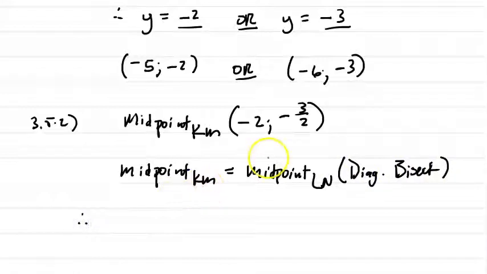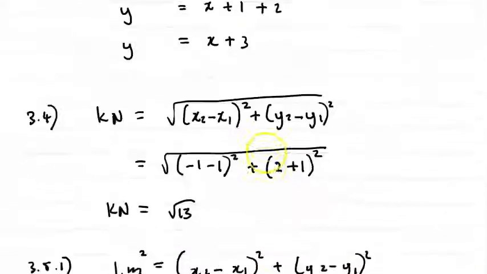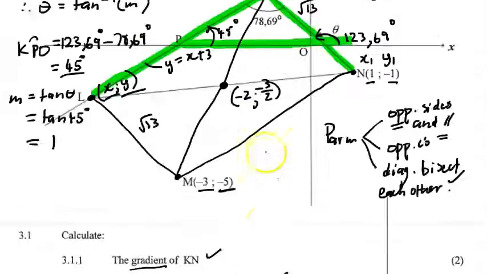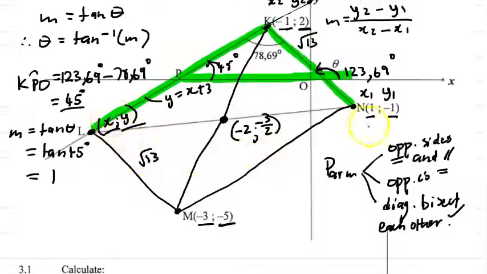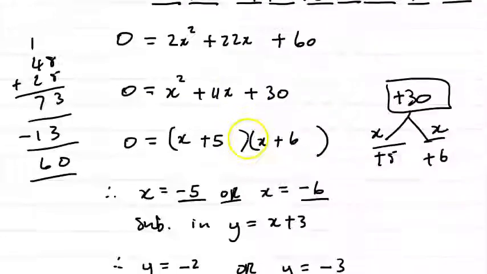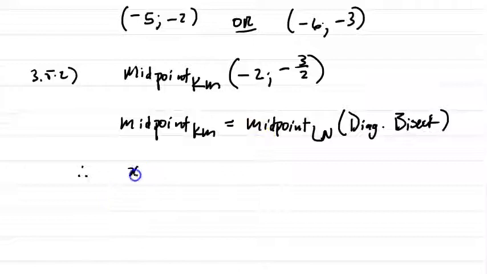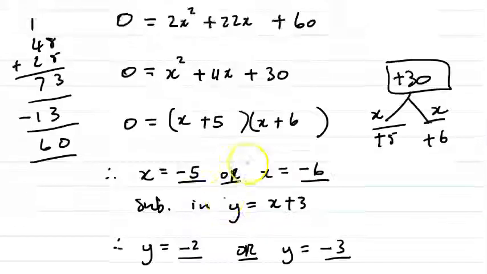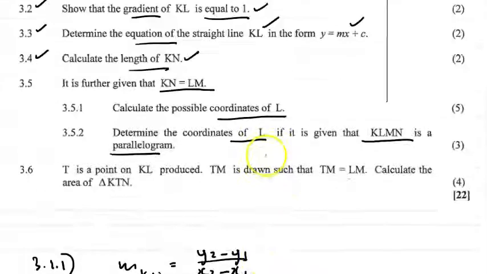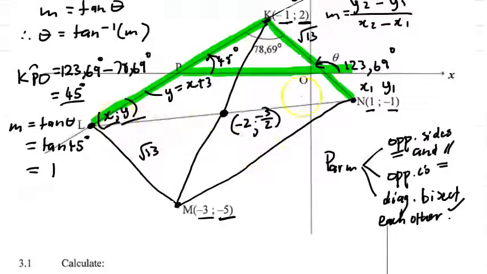Therefore, we can now set up an equation to solve for x and to solve for y. So we can say x plus 1 over 2 is equal to minus 2. That will be to solve for x.